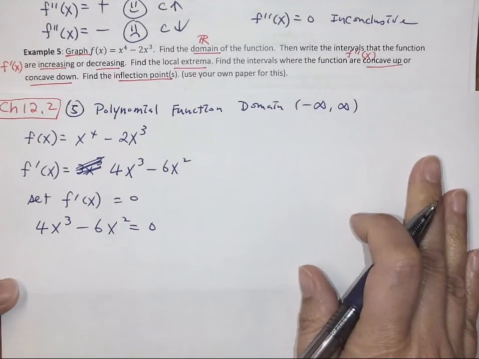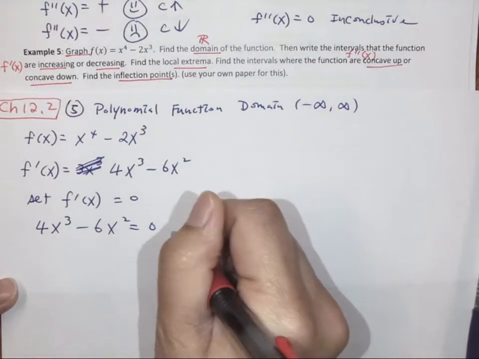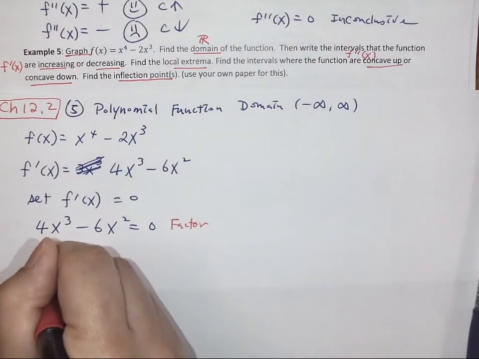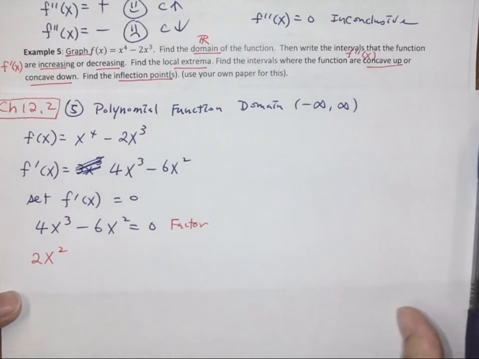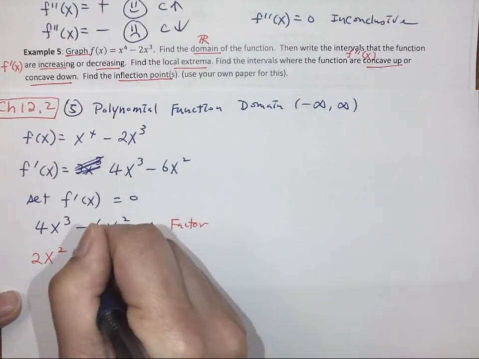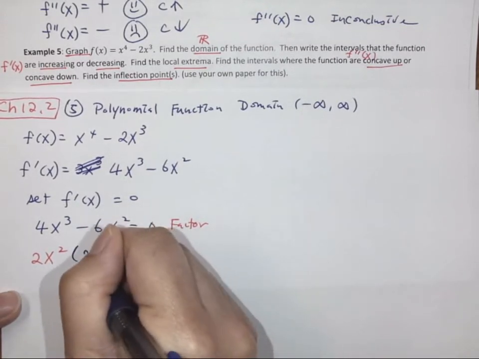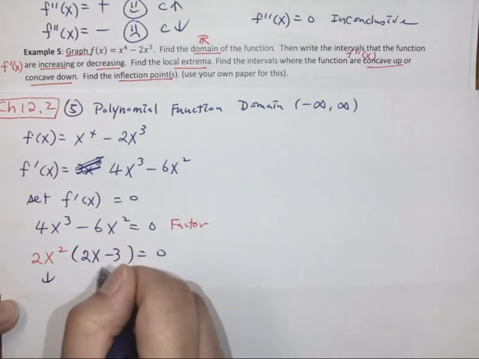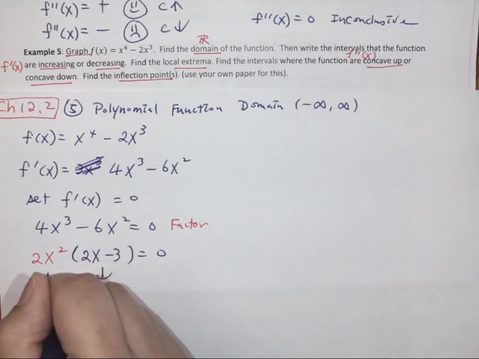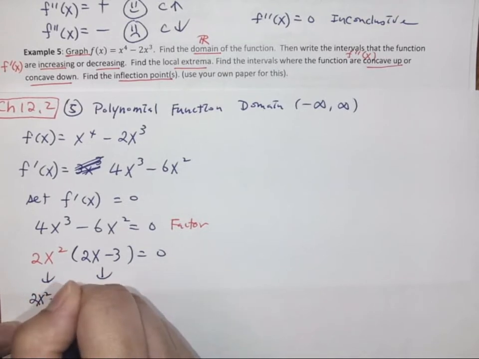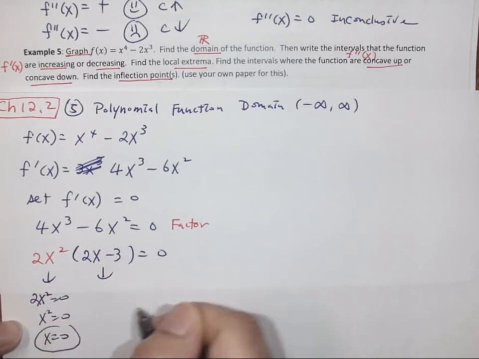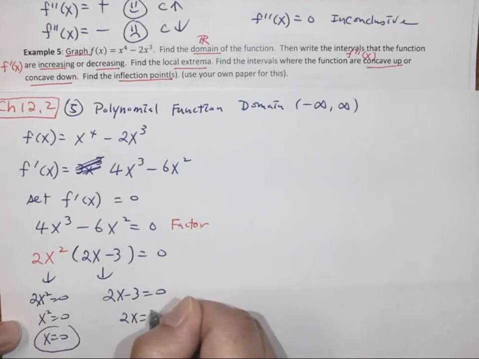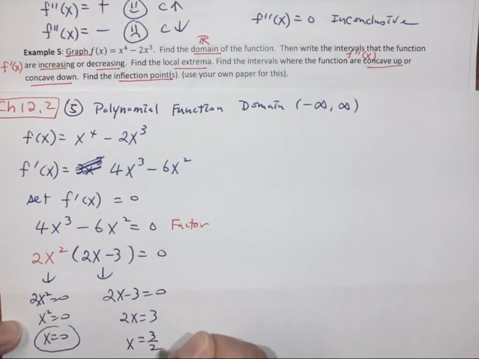To solve for that, what can we do? We can factor. So they have 2x squared in common, right? So after we pull out 2x squared, we still have 2x minus 3 equal to 0. So if you set each equal to 0, 2x squared equal to 0, x squared equal to 0, x equal to 0. 2x minus 3 equal to 0, 2x equal to 3, x equal to 3 halves.